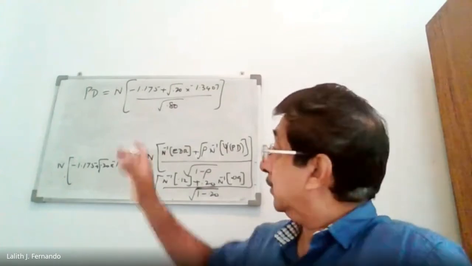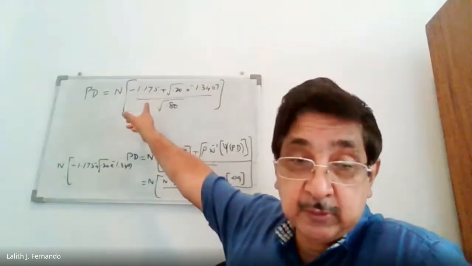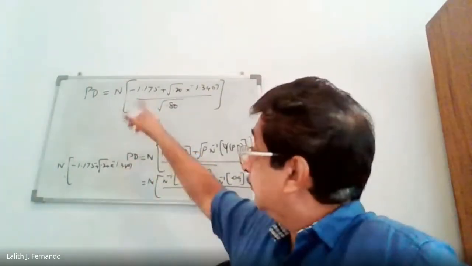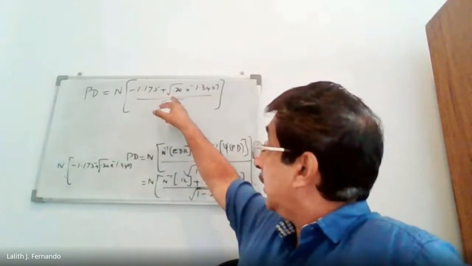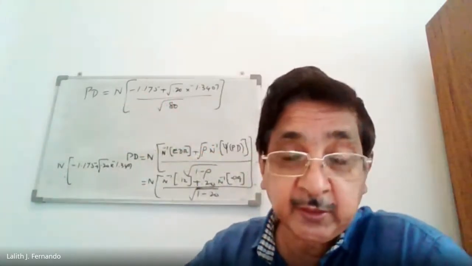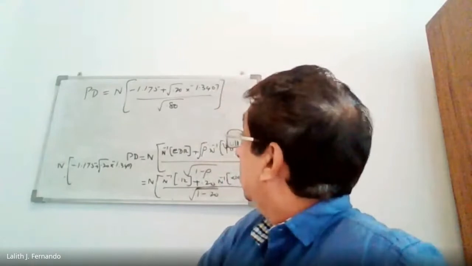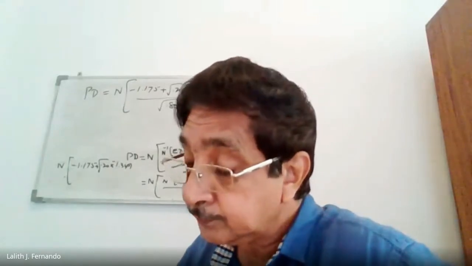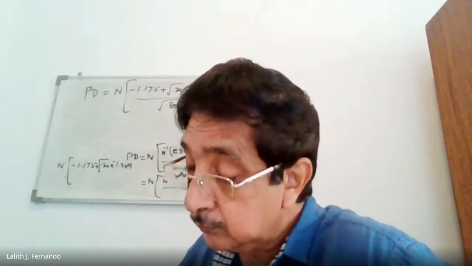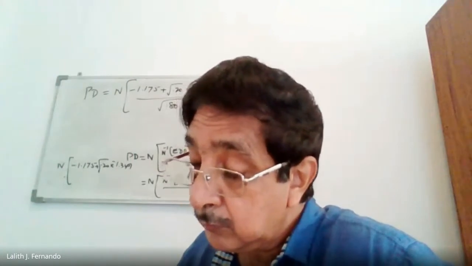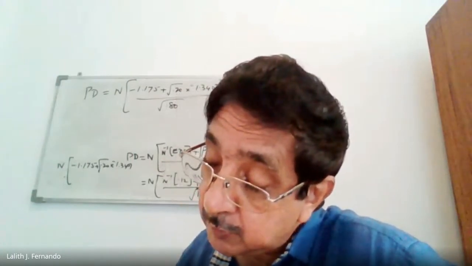Right, now we can do further simplification here. 0.20 as a square root, we can just check. That comes to 0.4472.